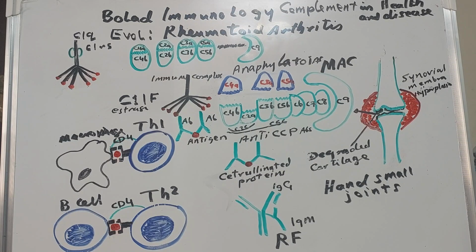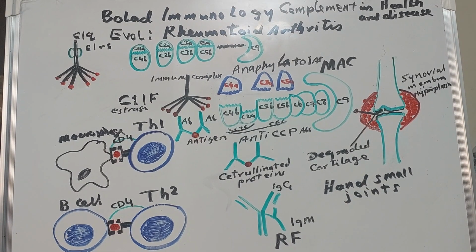So in case of rheumatoid arthritis, as can be seen here, these are small joints, hand small joints, and this is a case of rheumatoid arthritis.